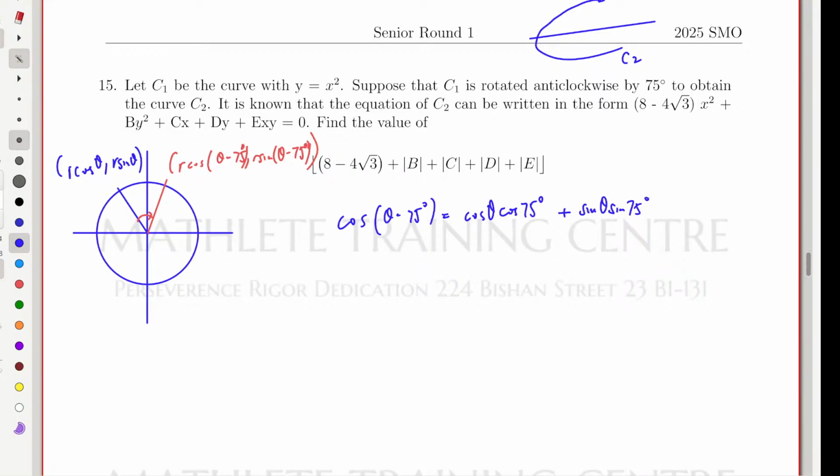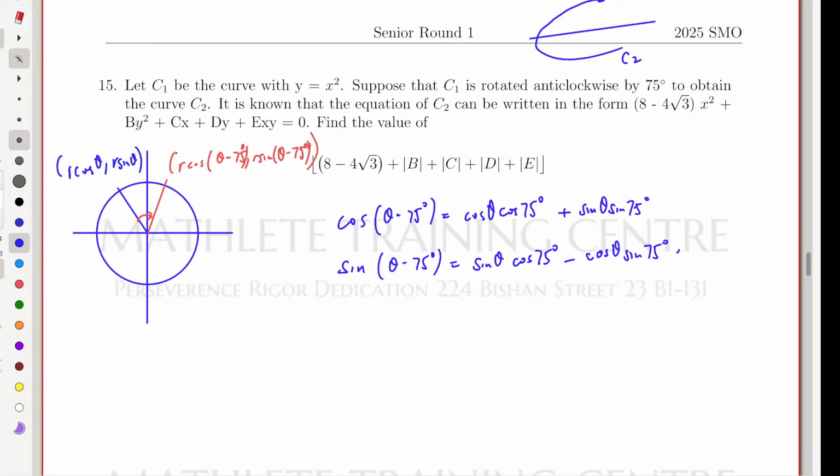You see, it's quite boring. Then the next one, sine of theta minus 75 degrees, is going to be sine theta cosine 75 degrees minus cosine theta sine 75 degrees. Hopefully I didn't make a mistake. So these are your new equations.